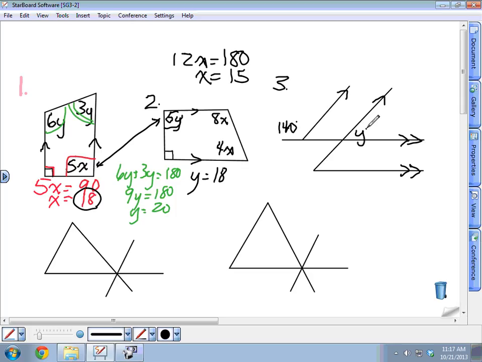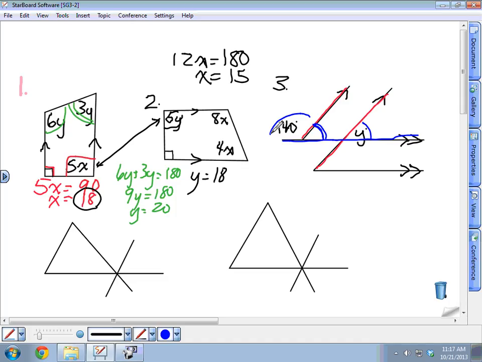So when you look at these two parallel lines, you'll notice that here is a transversal right here, and this angle and this angle are corresponding angles, and they're congruent, which means that this angle and this 140 are supplementary.